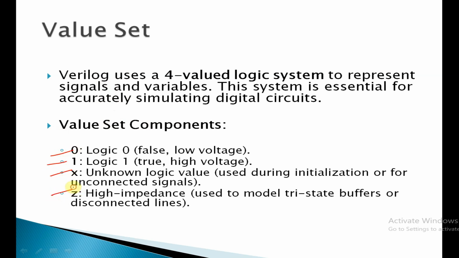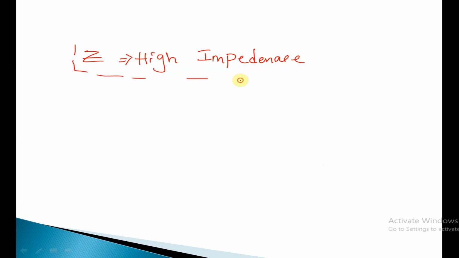Regarding z and x, we have discussed in our previous session. Do you remember what is meant by z? Can anyone tell me? High impedance. So what does it indicate? If something is unconnected, you can represent that state by this high impedance z. And x is for unknown.